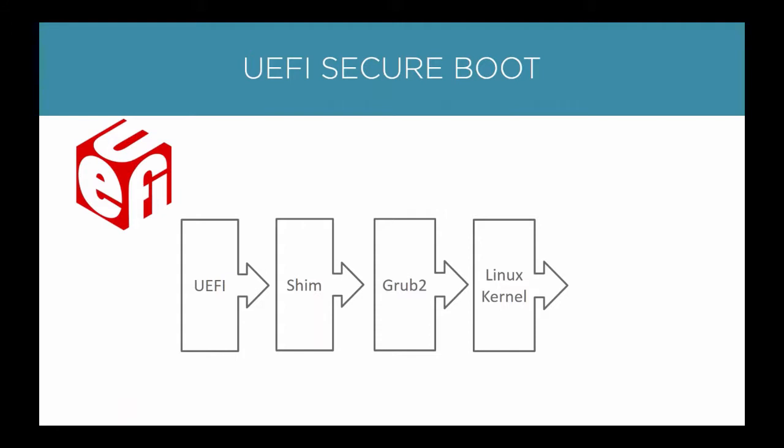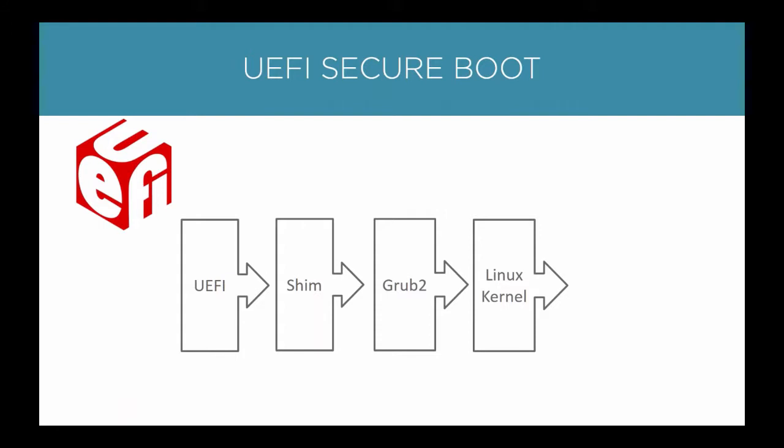And we went through the process of qualifying for this with Microsoft, and we got a signature for our bootloader, which is shim from the Red Hat people. So when UEFI, which is configured to enforce Secure Boot, checks the signature on our shim, it sees that everything is all right and that it can load the shim.